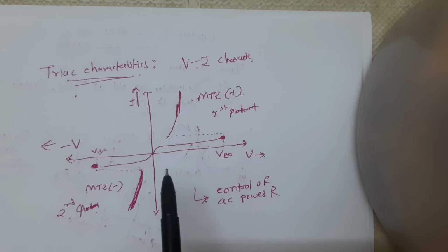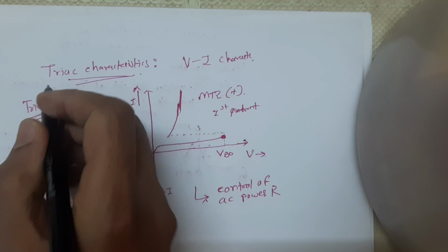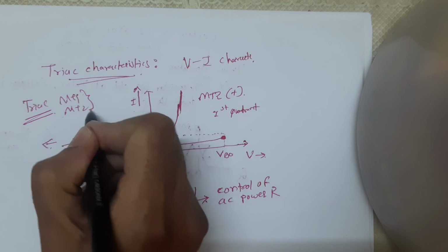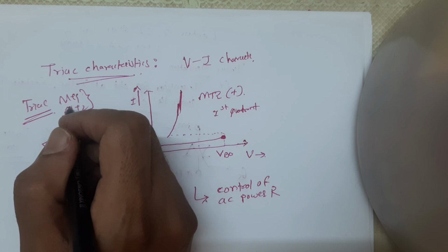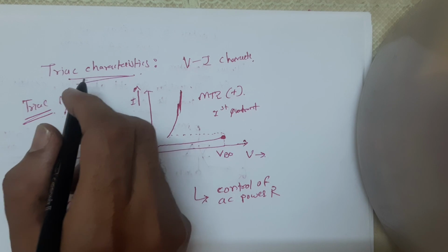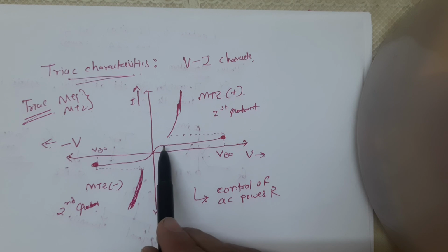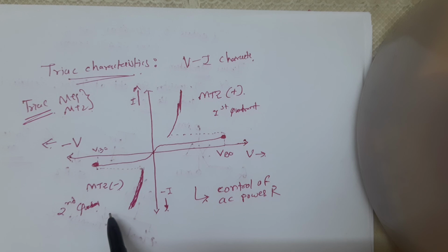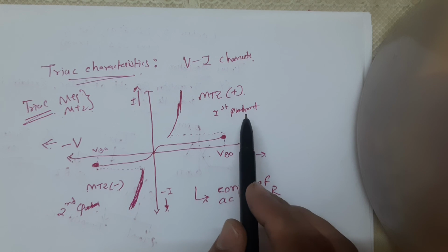I repeat, when the triac is switched on, it depends upon MT1 and MT2: in which position we are applying, MT1 positive and MT2 negative, or MT2 negative, MT1 positive, right? And in this way we get the graph in the first quadrant and second quadrant. If MT2 is positive, then we get the graph in the first quadrant.